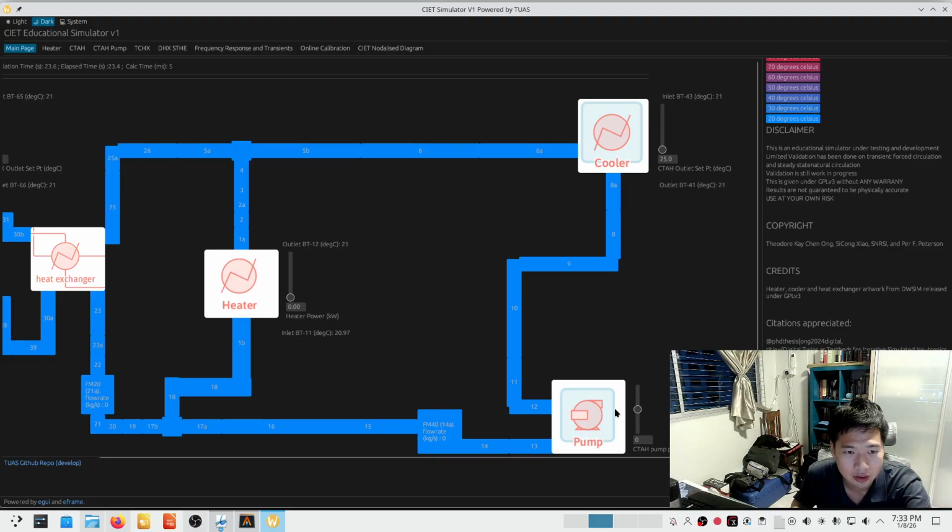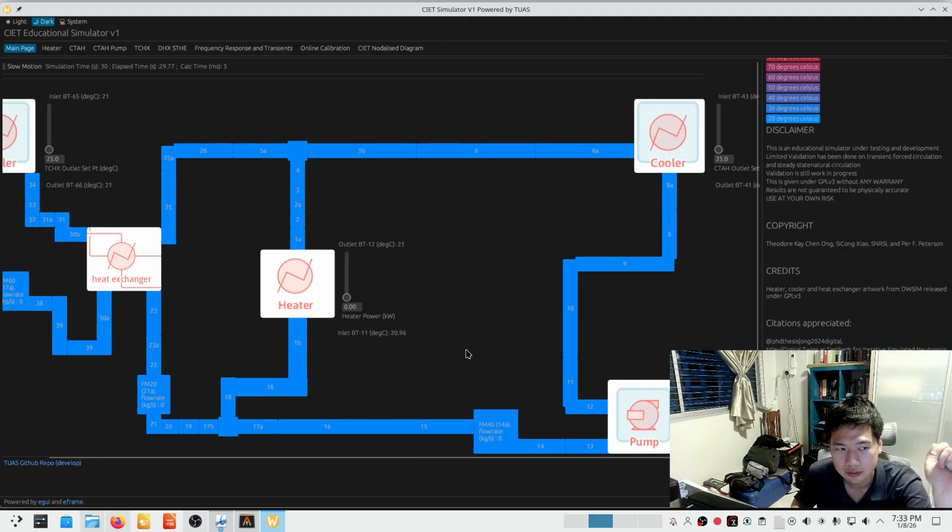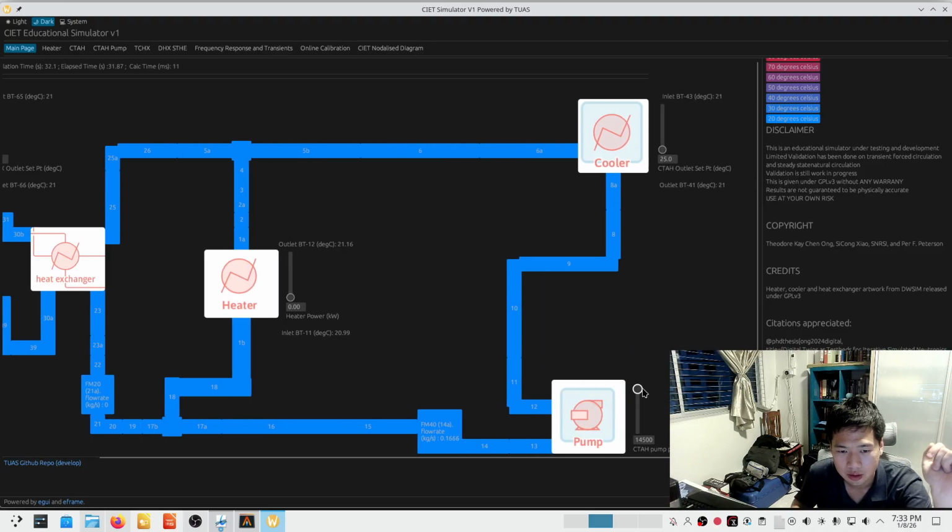Because it's isothermal, there is no way that heat will be transferred, so there's not going to be any natural convection. If I turn on the pump and adjust the pump to some pressure, to exert some pressure on the fluid, I'm able to then come up with this flow rate here.